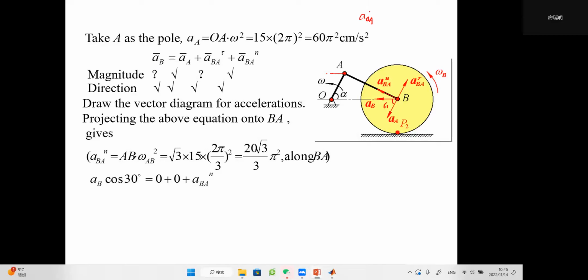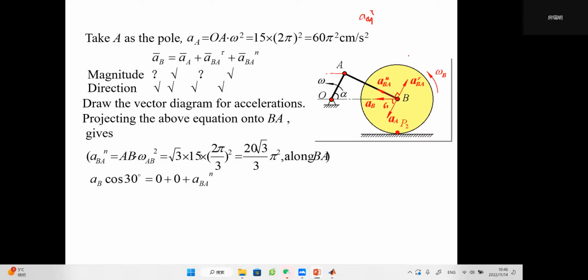ABA tau is, you can think about you are sitting on point A, you look at point B, you will find B moves around A along a circular path. Then this ABA tau will always be perpendicular to AB, but maybe along this direction, maybe along this direction. So it's totally according to your assumption of its direction.